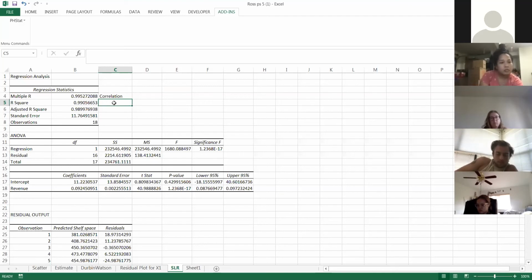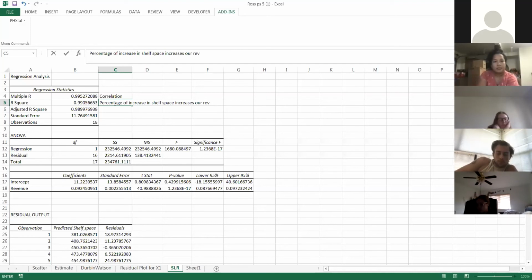So this is telling us the percentage of increase in shelf space that increases our revenue. Okay, that's what that tells us.